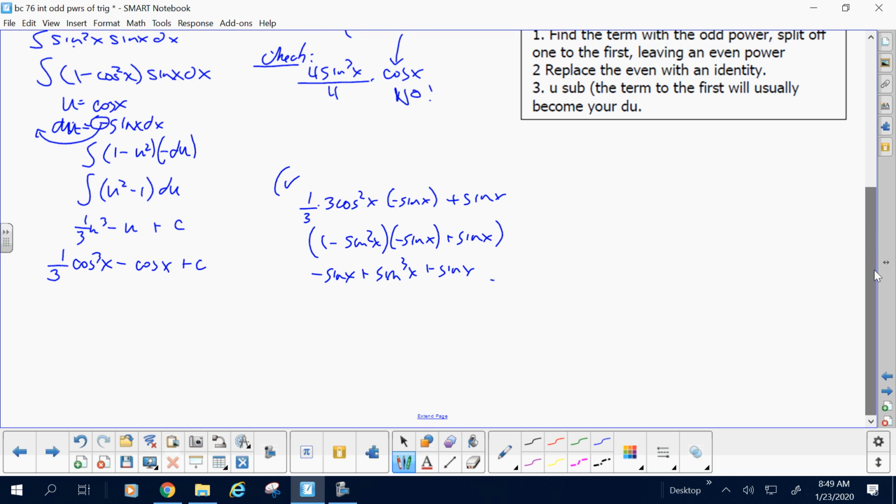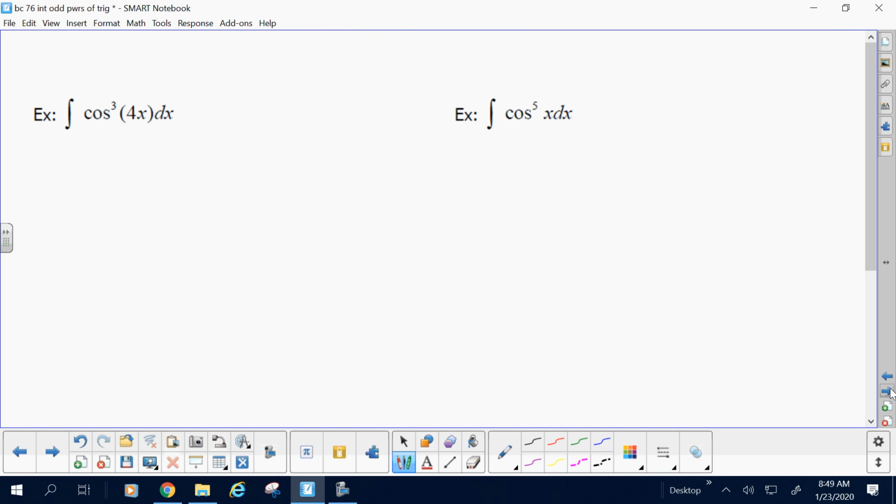Trust me. Let's go to slightly harder, because this has a little more of a u sub component to it, but it's no big deal. What would you reckon we do? Split off. Anytime you have an odd power, you split off a single cosine to the first, which will serve as du later. You with me?